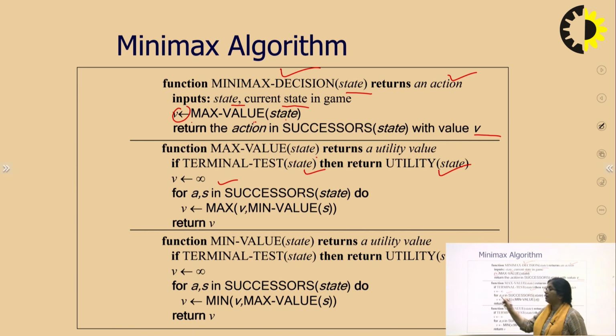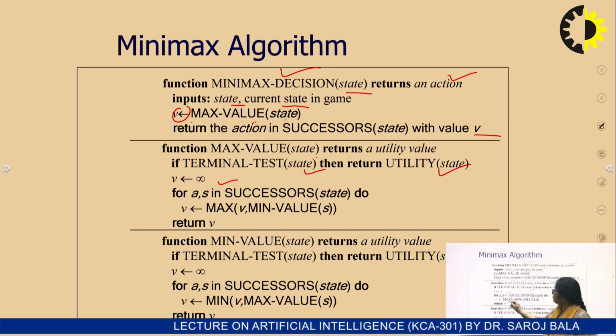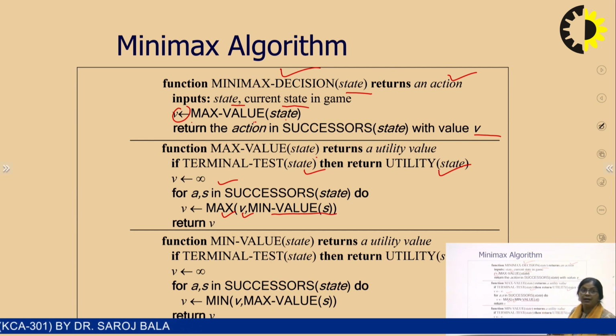So for action A1, the state is S1. For action 2, the state is S2 and so on. In our example, we had 3 states. So for each A, S in successor states, it will find out the maximum of V, the values, and the min value of S.